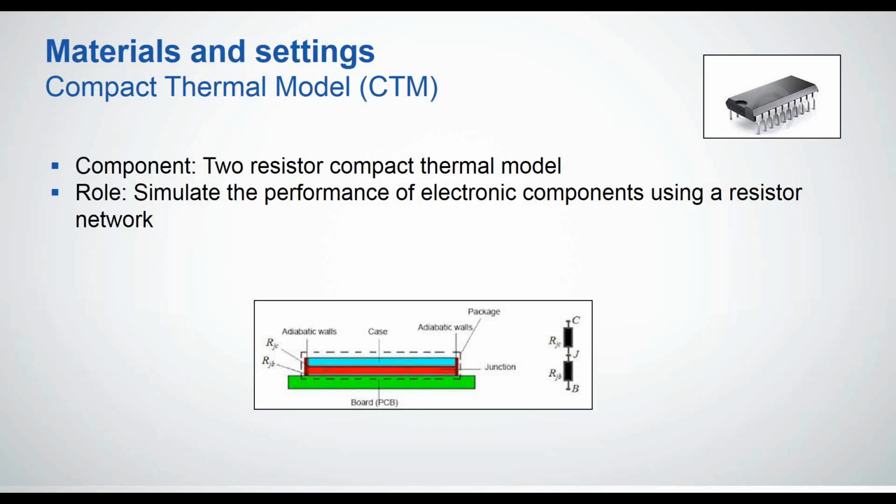The case and the board sides of the device are isothermal and are modeled with a high conductivity in the in-plane direction. So when you're modeling your CTM, you're going to see that the heat goes in this direction only, and you're not going to see a change in temperature on the side walls of your CTM.